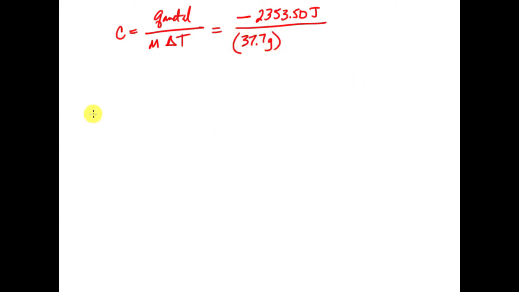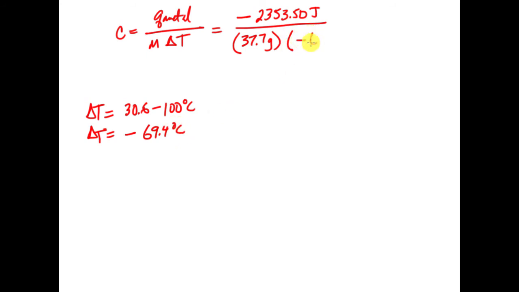And then when I calculate my change in temperature for the metal, it is going to be 30.6 minus 100 Celsius. So when I calculate the change in temperature here, we see that it is negative, a negative 69.4 degrees Celsius.